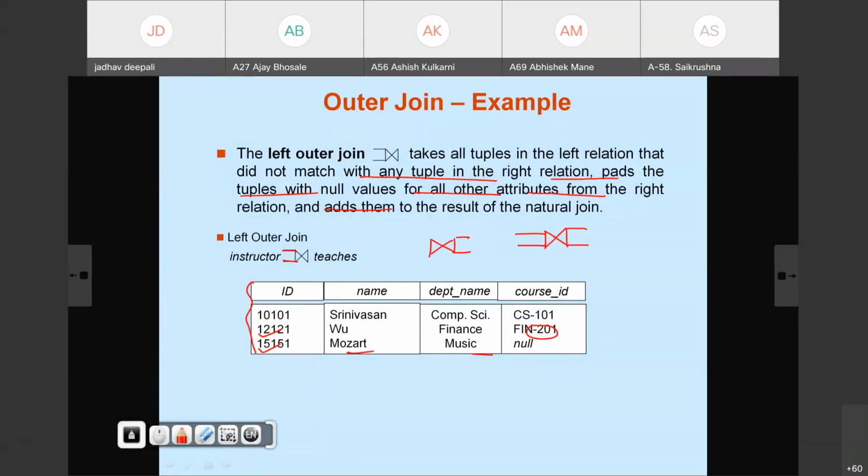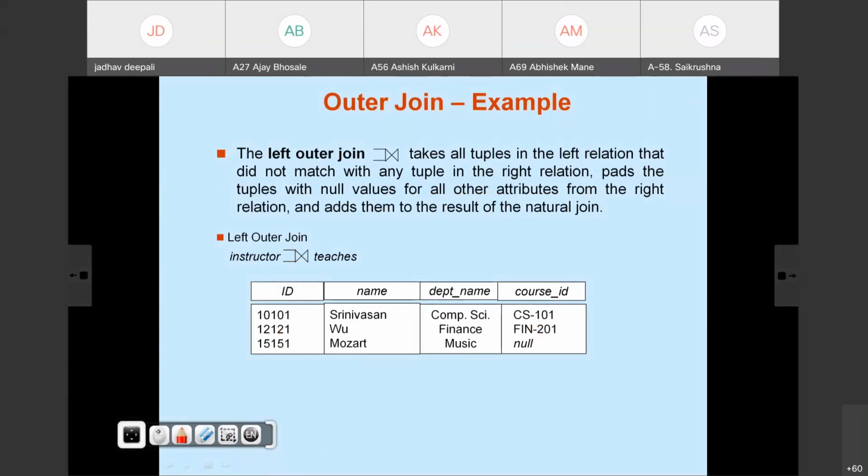That is the only difference between the signs. So in this way, the outer join operation is used to find the tuples which are lost in the case of natural join. Whatever information we lose in natural join, for that purpose this one is used, that is outer join.